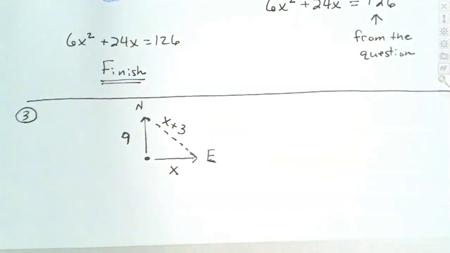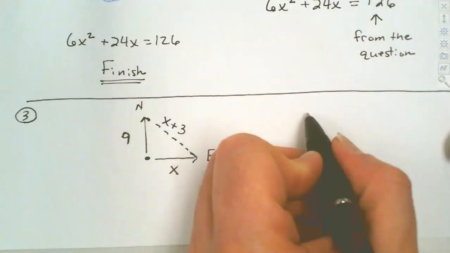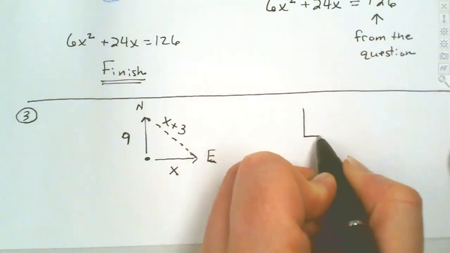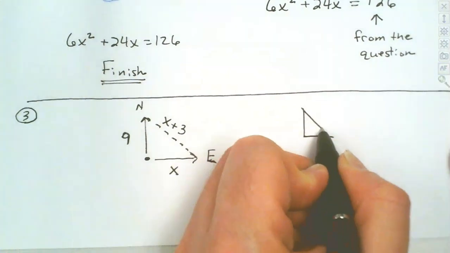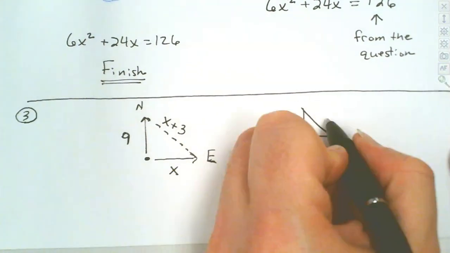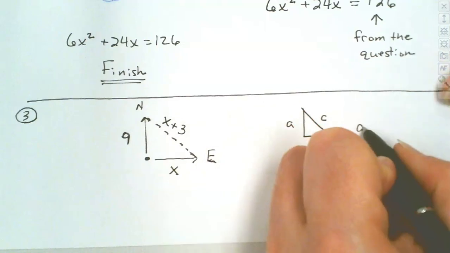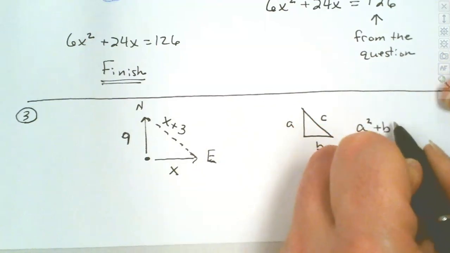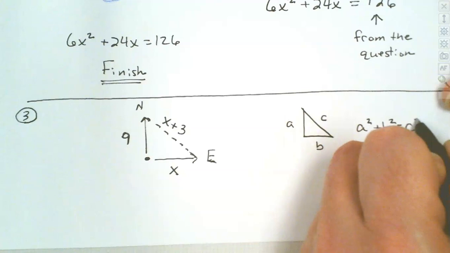So I drew my diagram out. Now, what do we have? We have a triangle, a right triangle. So how do we solve this using the Pythagorean theorem? Well, the Pythagorean theorem says if you've got a triangle ABC, then A squared plus B squared equals C squared.